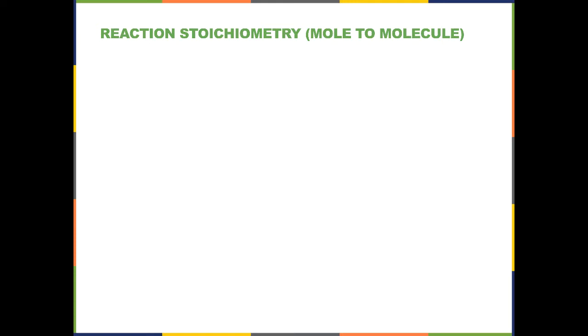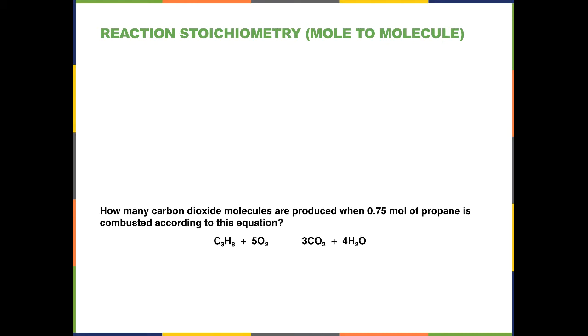Now, if we want to do the transposition between, the first one there was moles to moles, this one is moles to molecules. How many carbon dioxide molecules are produced when 0.75 moles of propane is combusted according to this equation? So let's take a look at this very carefully.